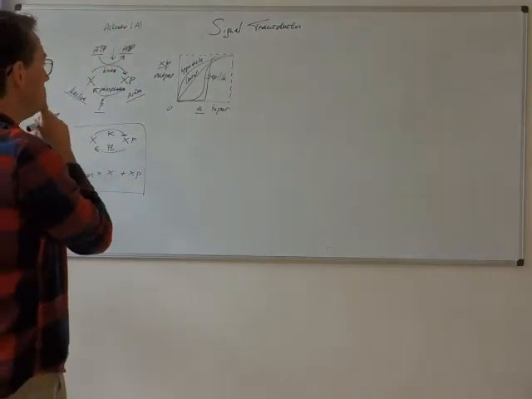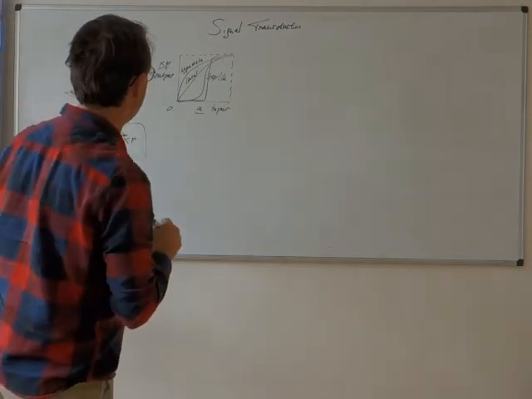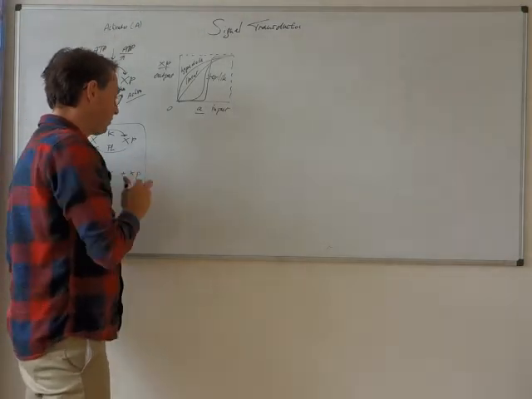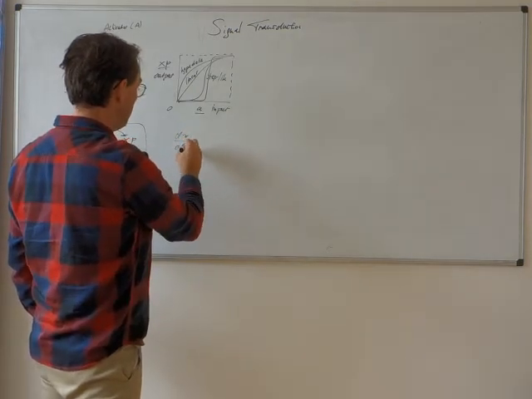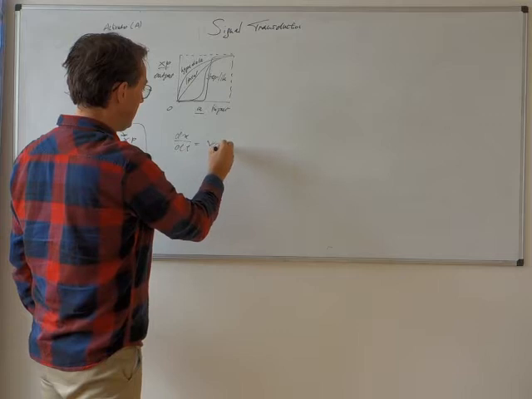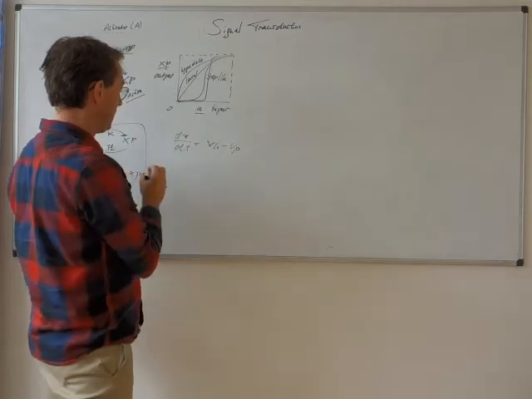So now we're going to make a model of it. We're first going to write down the differential equation. So we have dX/dt, which is the rate of the phosphatase minus the rate of the kinase, and we have dXP/dt, which is the rate of the kinase minus the rate of the phosphatase.